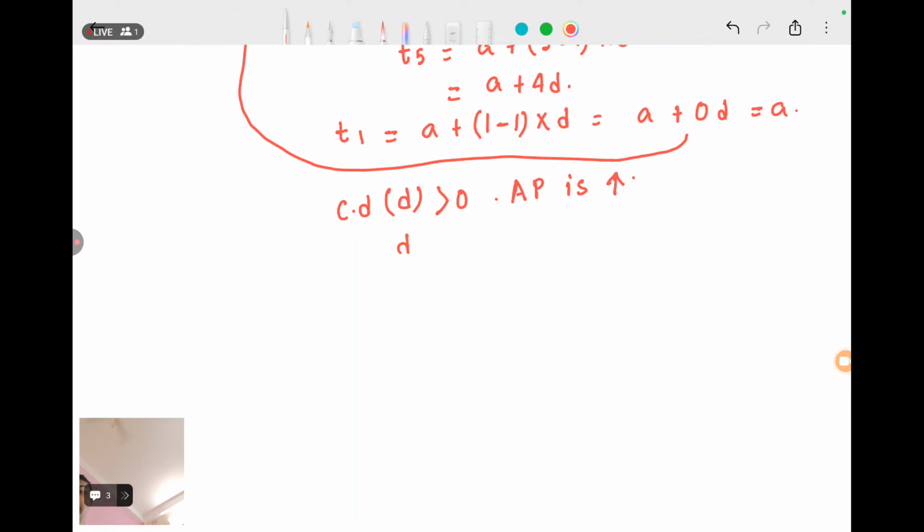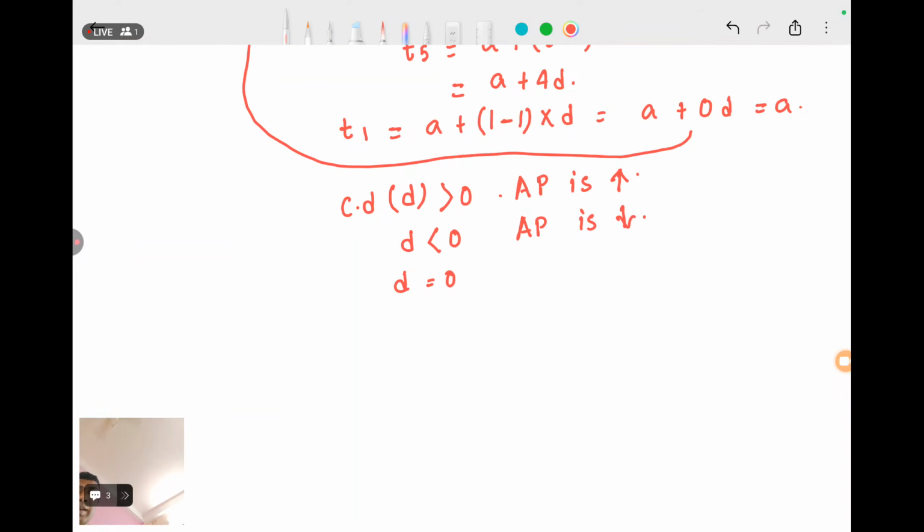Okay, when d is less than 0, then the AP is decreasing in nature. And when d is equal to 0, then all the terms of the AP are the same. Okay.